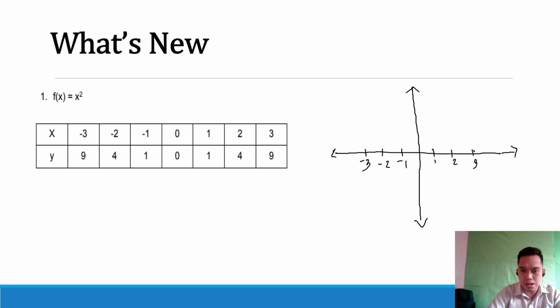Then here, the values go up to 9, right? So let's just estimate. So this is 1, 2, 3. Here also is negative 1, negative 2, and negative 3. Okay, so let's plot. First, negative 3 and positive 9. Negative 3 on our x-axis, you match it to positive 9 on the y-axis. So this is probably here at the end. The next is negative 2, positive 4. So this is also here.